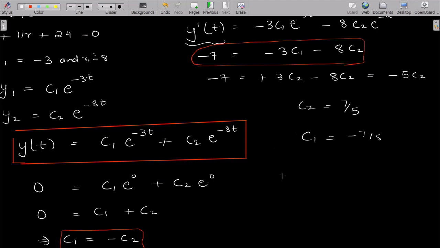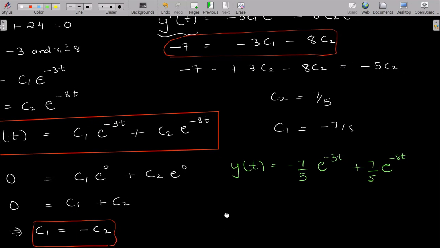So your final solution is y(t) equals negative 7 over 5 times e to the power negative 3t plus 7 over 5 e raised to negative 8t. Wow, that's really easy.